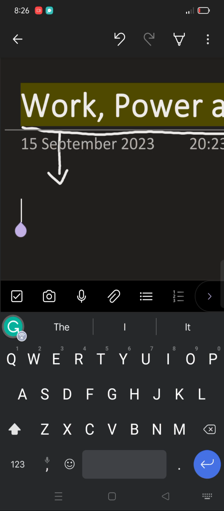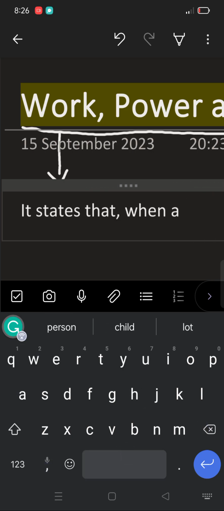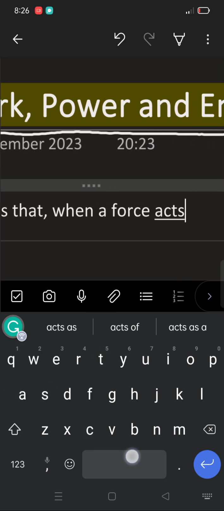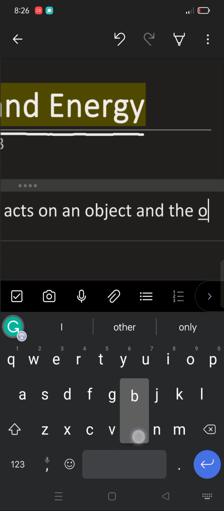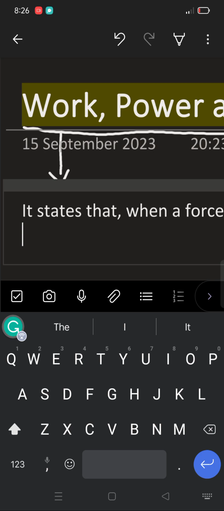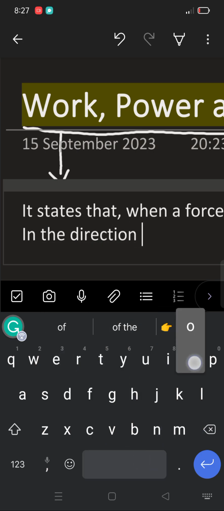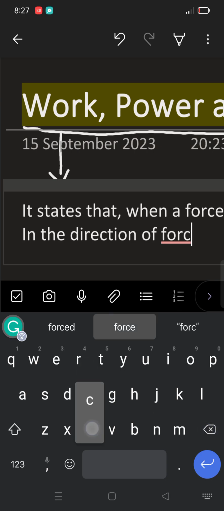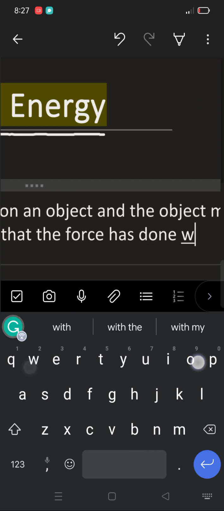It states that when a force is applied to a body, or when a force acts on an object or a body, and the object moves in the direction of force, we say that the force has done work on an object.